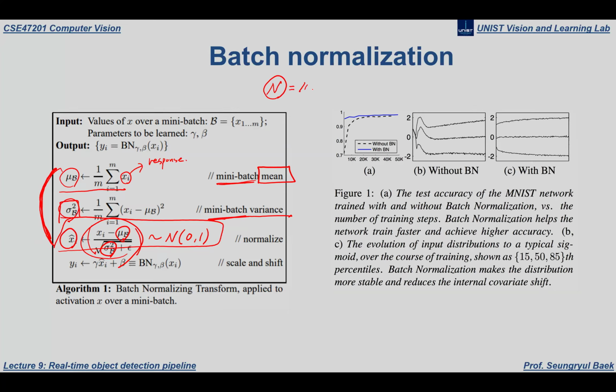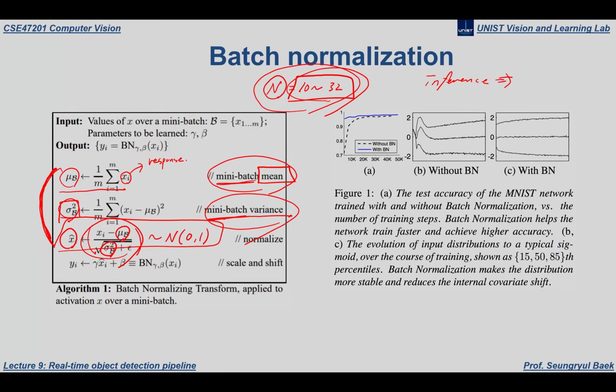So at training, we have this number of images, process these images simultaneously, and also use this number of images to get their mean values and variance. Okay. But the problem is during the inference, we had to make the CNN work for only one sample.